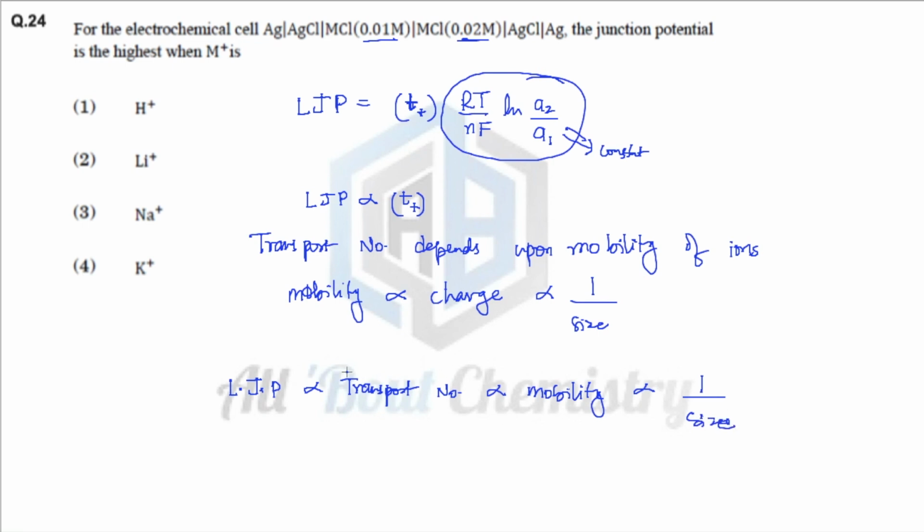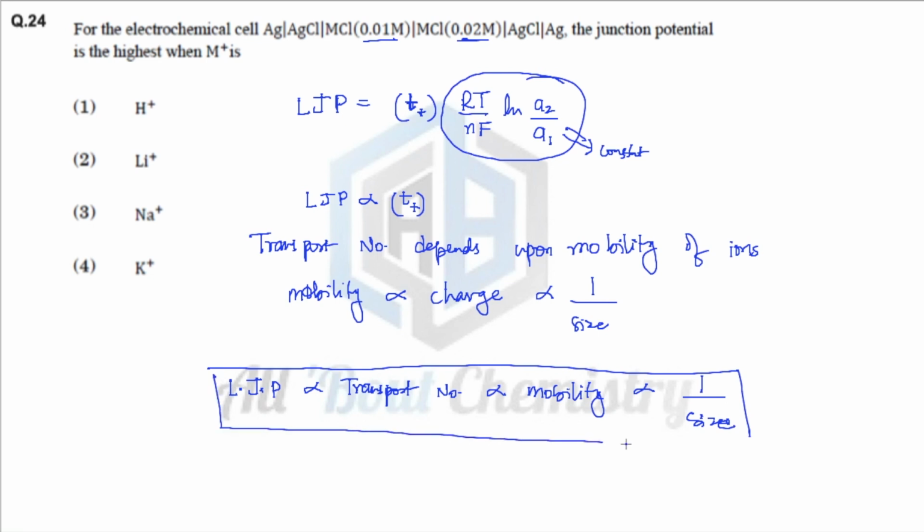That's what we are going to use to solve it. Now you can see there are two ions which are very small, one is lithium and the other is hydrogen. So which is going to be our answer? Just based upon size you cannot answer it. If you just go with size, you will say the answer is option number 2 and mark it as correct, but that is not the case.